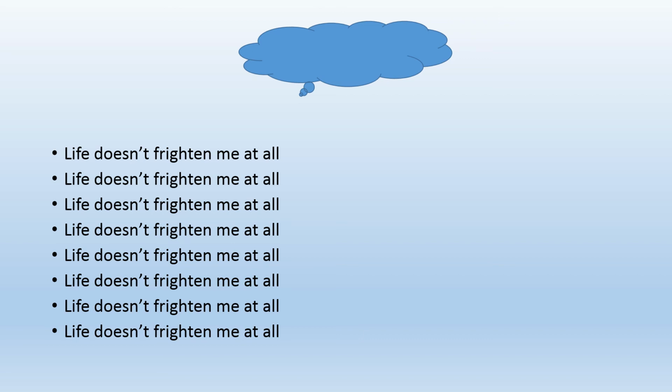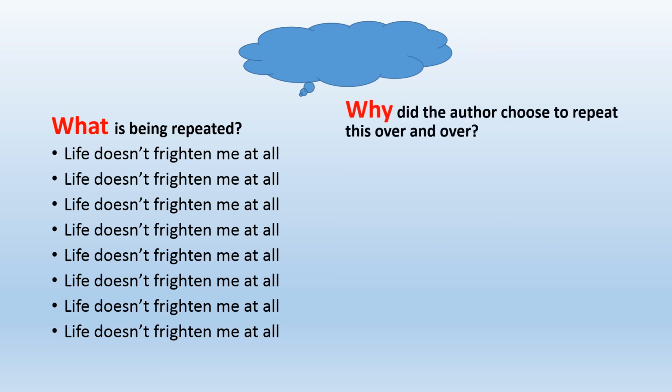Life doesn't frighten me at all. When we see this, it's very tempting to simply say this is the theme or main idea of the poem and that's why it's repeated. But I encourage you to ask your students to dig a little bit deeper. Why else could this be repeated during this poem?